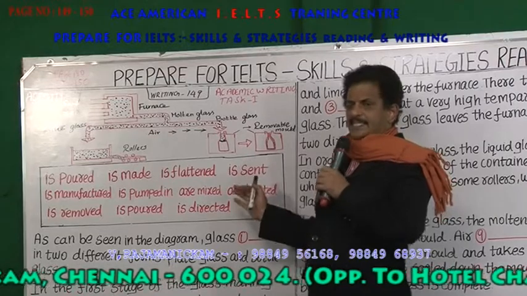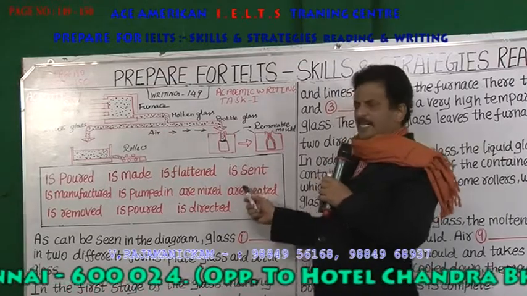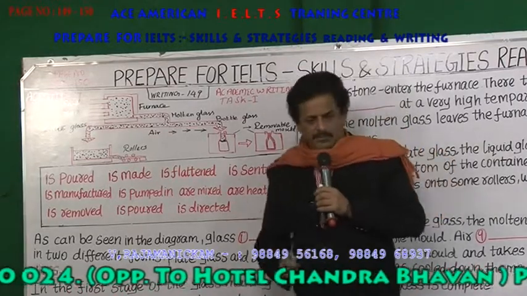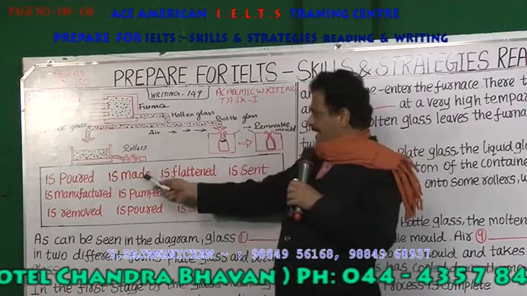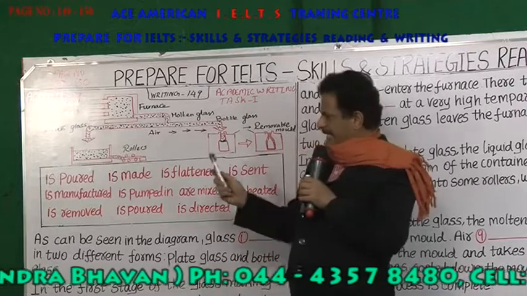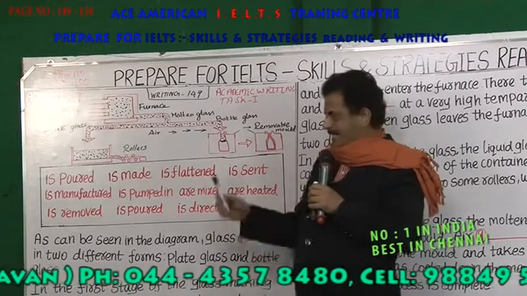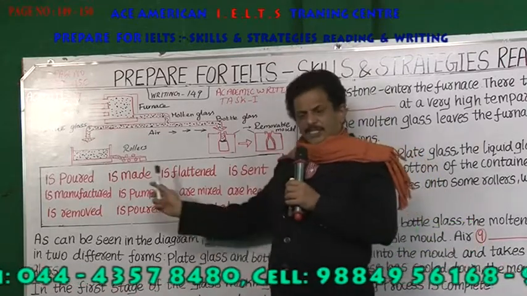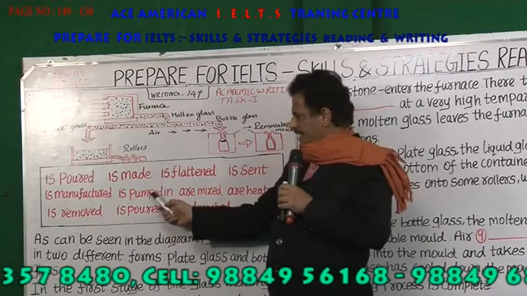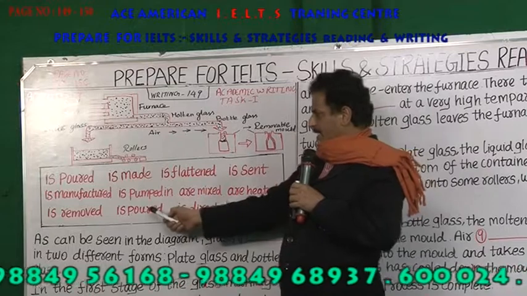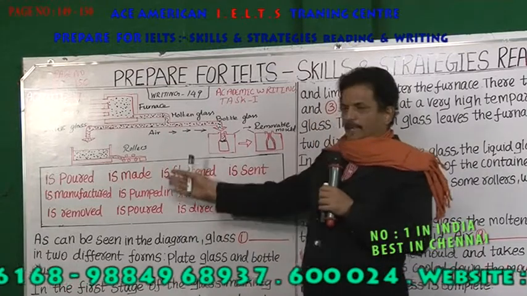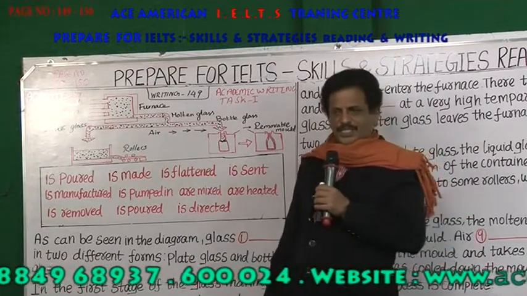So the exercise here is, certain words and phrases are there. Is poured, is made, is flattened, is sent, is manufactured, is pumped in, are mixed, are heated, is removed, is poured, is directed. My dear friends, see all these words.